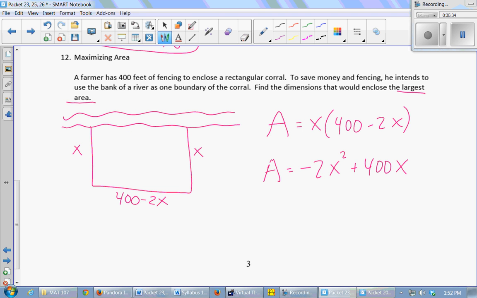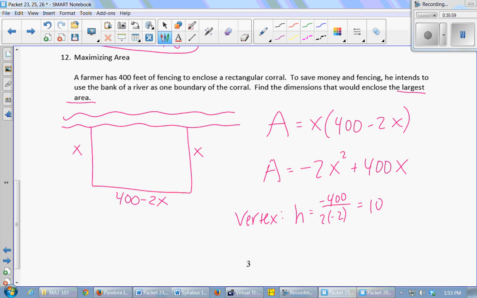Does this have a maximum or a minimum? Maximum. It opens down, which means it has a maximum point, right? So the max point is the vertex. So if I want to find the vertex of this thing, we're at negative b over 2a.